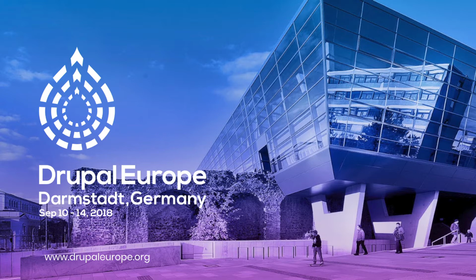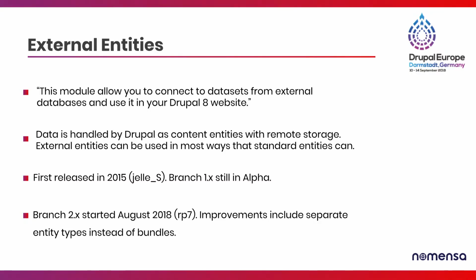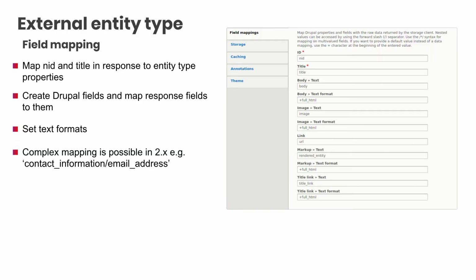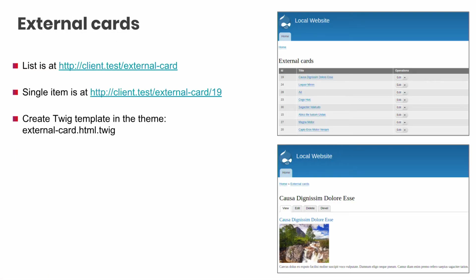So you go to the URL external card /123, whatever it is, or you use the entity browser, which will pull them all for you. Yeah, or the list builder equally will display them all.